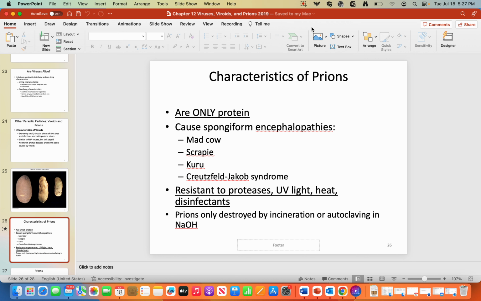They're resistant to proteases, UV light, heat, and disinfectants. Prions are only destroyed by incineration or autoclaving in sodium hydroxide. So these can cause real problems, and they're incredibly difficult to manage.